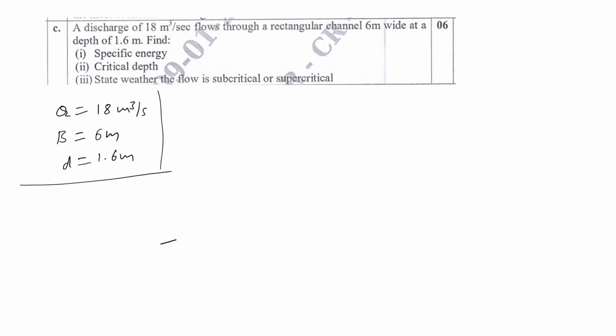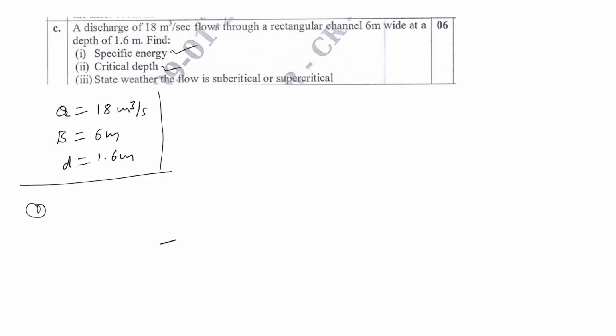The first question is to find the specific energy. Second is critical depth and state whether the flow is subcritical or supercritical. To solve this question, you have to know the formula for specific energy and critical depth.